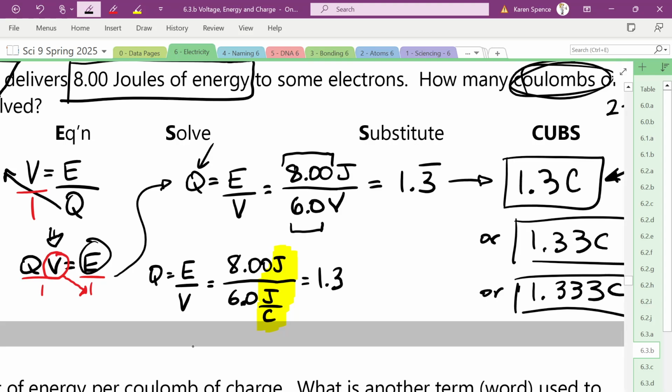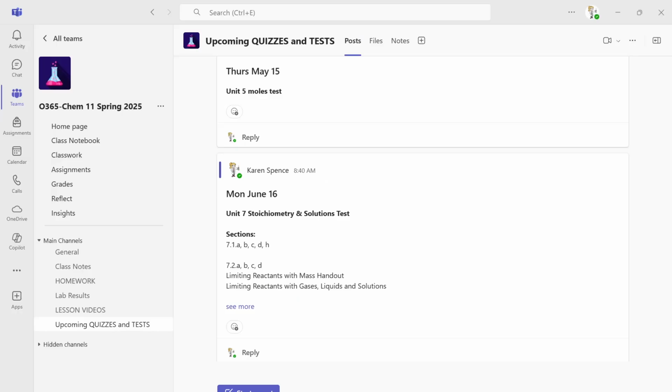What's another way I can write joules over joules per coulomb? Remember, when you divide by a fraction, it's the same as multiplying by its reciprocal. This is fancy, so don't worry if you don't get it. Lots of time for you to do this in grades 10, 11, 12.